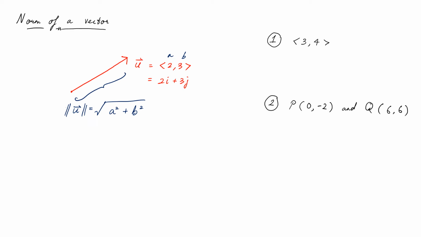To measure the norm of this vector, we give it the name vector v. The length of vector v is given by the square root of 3 squared plus 4 squared, which is the square root of 9 plus 16, which is the square root of 25, and this is 5 units.